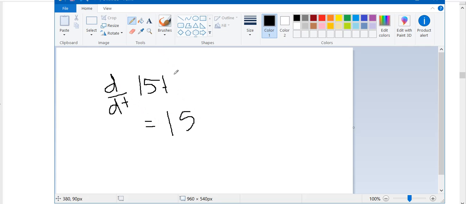Why? Because the power initially was 1, so we multiply by that 1 and then decrease the power, t to the power 1 minus 1. The power decreases by 1, so 1 minus 1 is 0. T to the power 0 is actually 1, so it is 15.